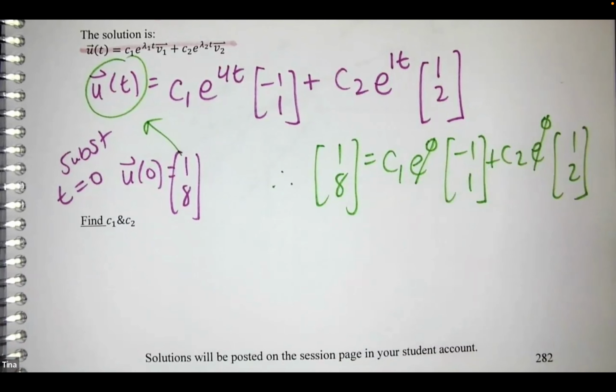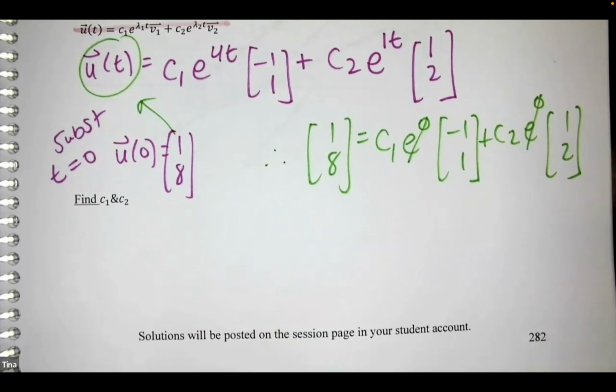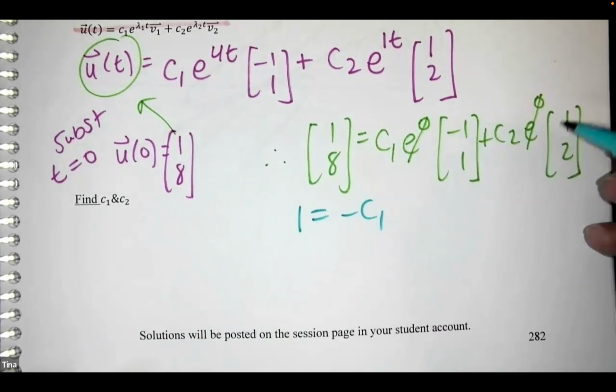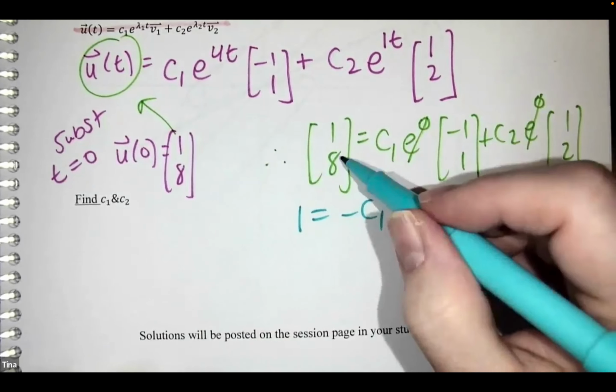Well, what are your equations here? What do you get for the equations, first of all? From our top, we get 1 equals negative C1 plus C2.